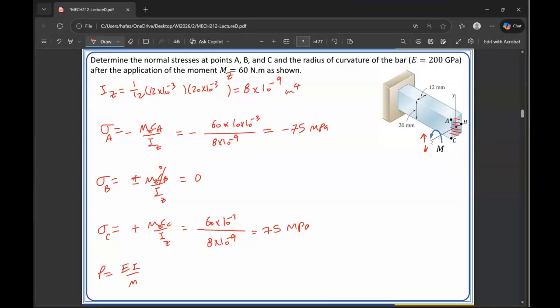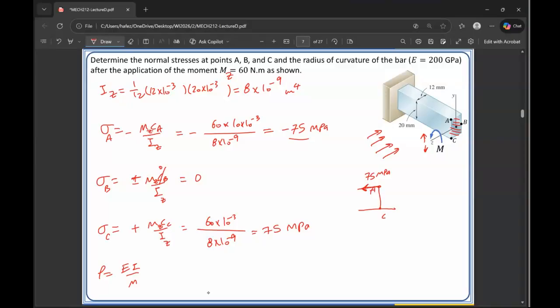So we found these values. One way to present them pictorially is this. If we view in this direction, then point A is here, point C is in here. On A, we see that it's negative, so we push that point inside with 75 megapascal.